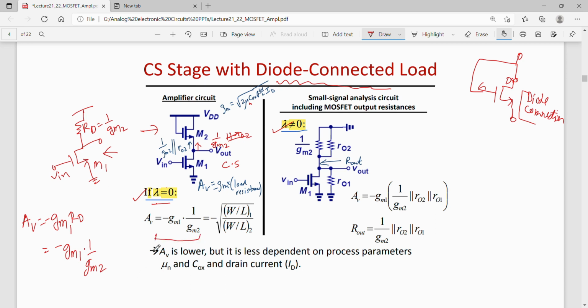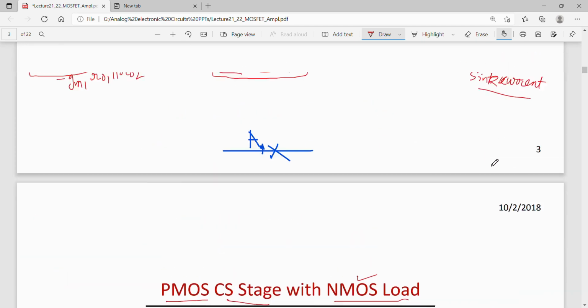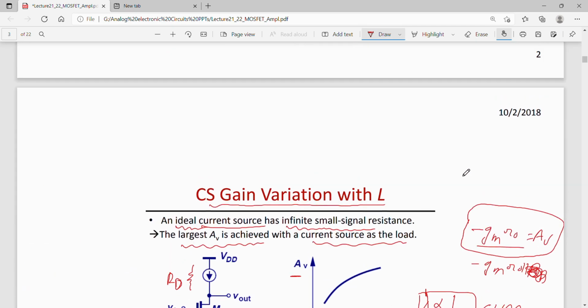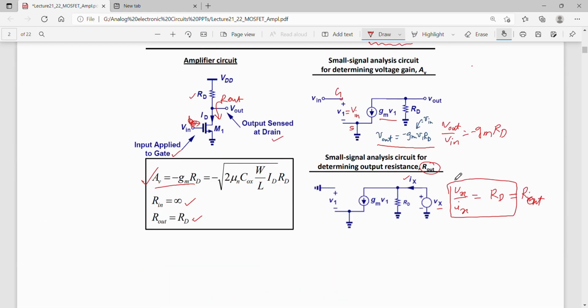Now gm1, that is the gm of a transistor. We had some time back found the gm of a transistor. I'll go back and show you. We had found gm by saying gm is delta ID by delta VGS. We found gm by differentiating ID with respect to VGS, and then putting gm in the form of ID.